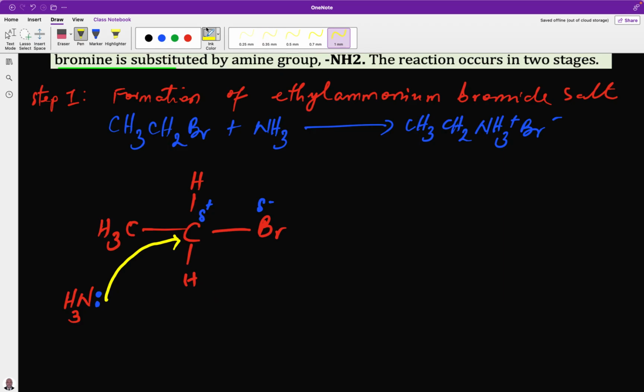And that results in this salt being formed here.